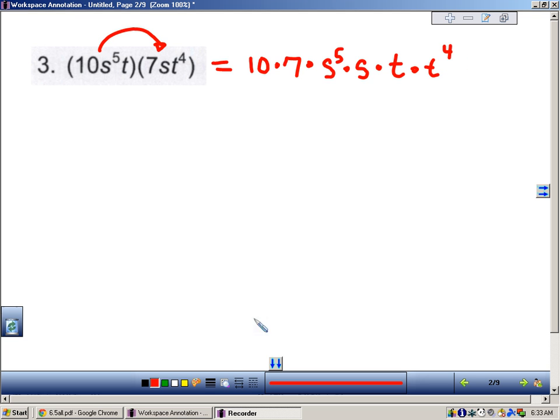Okay? Don't forget that the single variables do have a power of 1. Don't you forget that. So 10 times 7 is 70. 5 plus 1 is 6, so it's s to the 6th power. 1 plus 4 is 5, so it's t to the 5th power.